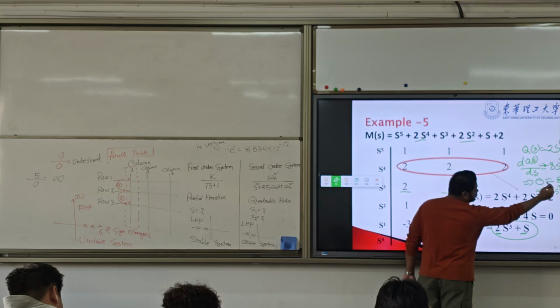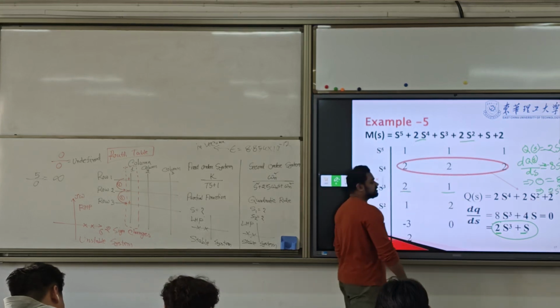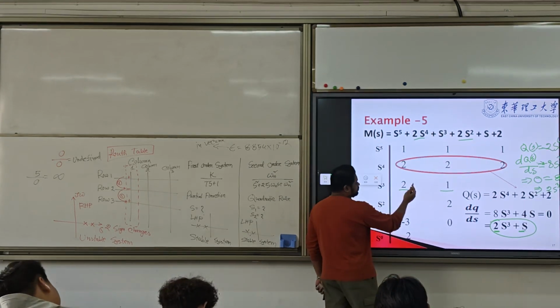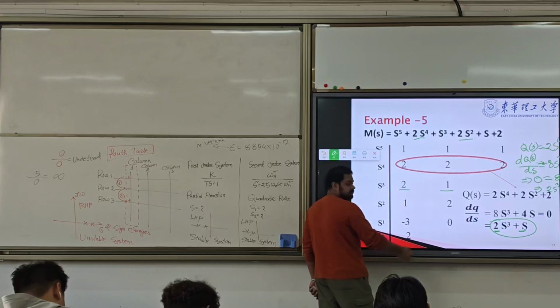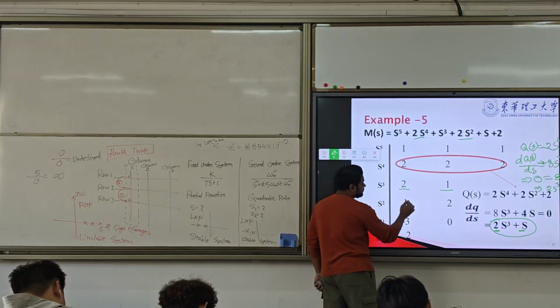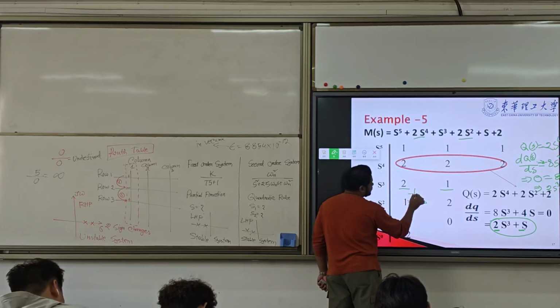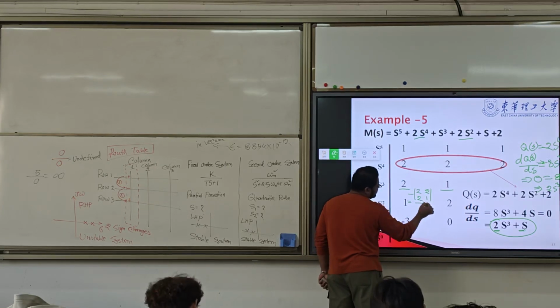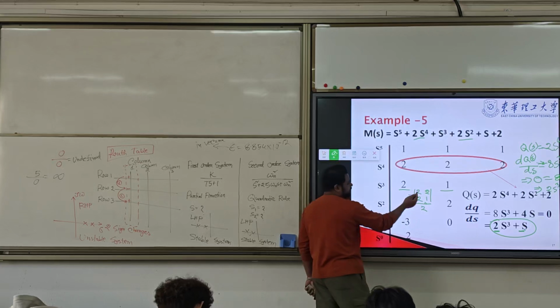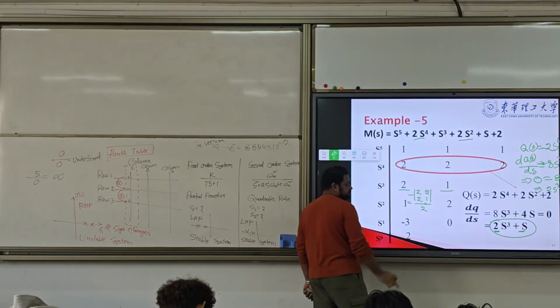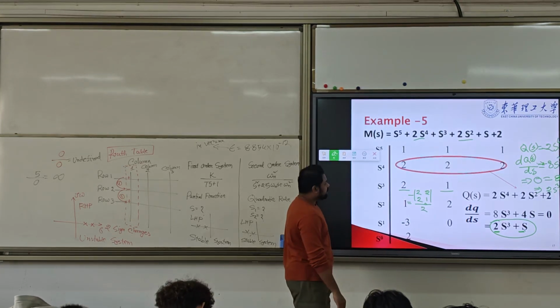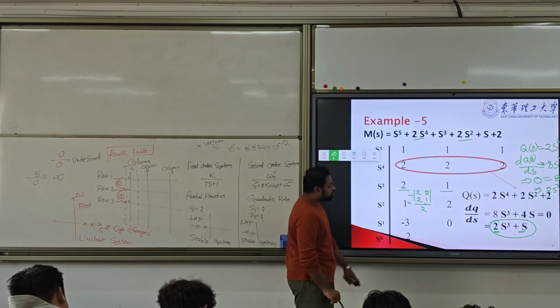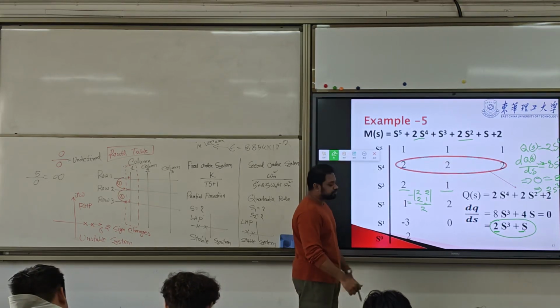So we solved it and found the roots. Now you form the whole table. How do you do that? Here 2, 2, 2, 2, 2, 1 divided by 2, which is 2 minus 4, that is minus 2. We have minus again, plus 2, 1.